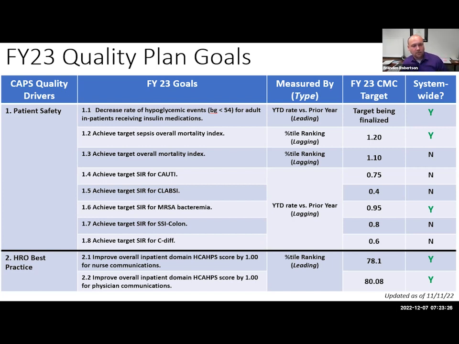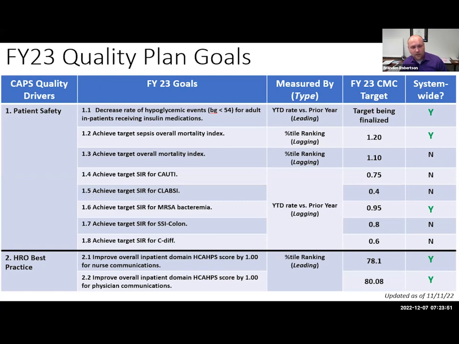And then below that are improved communication around inpatient satisfaction scores for nursing communication and physician communication. So if you deliver care within the walls of Brandon Memorial Hospital, you will impact at a minimum one of these metrics and likely multiple.